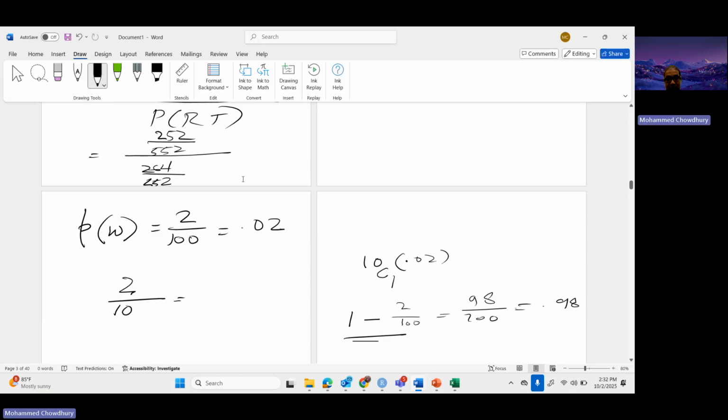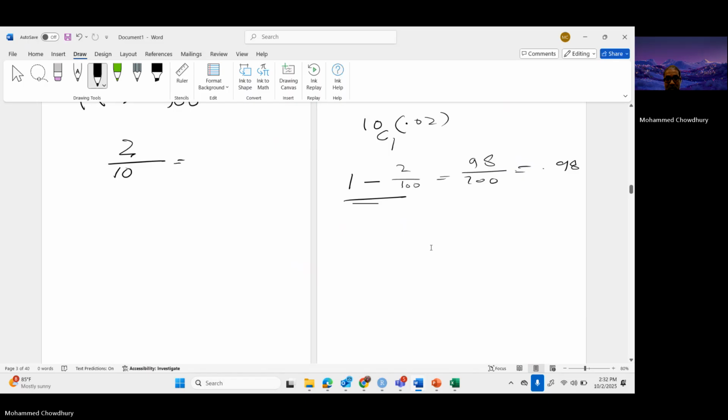So now, if you said with 10 tickets he is a win, 1 minus probability of no win. No. Use one when it's 1 minus, no, the no win is not equal to 0.98.